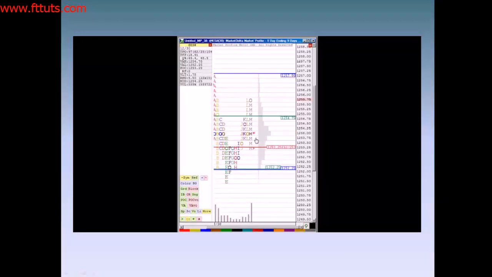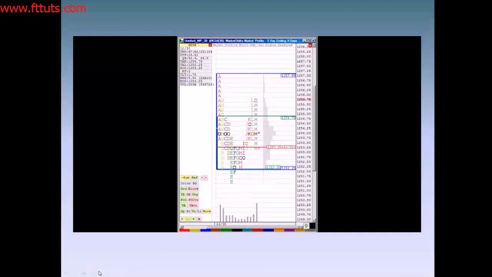And not only that, they continued to drop back to the POC. And you will always find that these POCs are very important numbers to keep your eyes on. Price always tends to navigate towards that POC. All right, and that was December 30th.